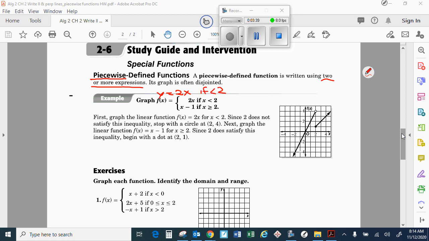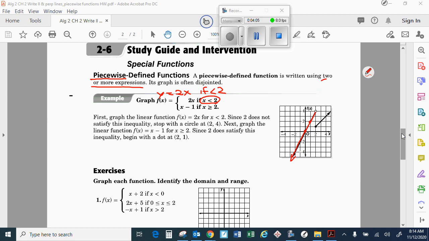If I graph the line y equals 2x, here's the line y equals 2x. It would keep going just like this. Y-intercept 0, slope of 2, up 2, right 1, up 2, right 1. It'd go like this, but notice that's the entire line. It only wants it when x is less than 2. So that means I erase it back until x is 2, which is right there.